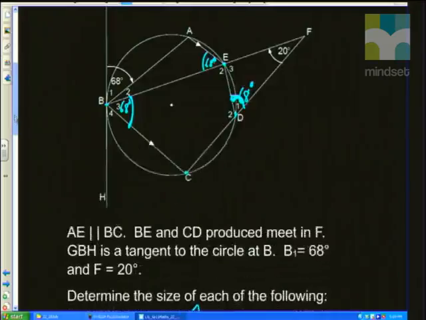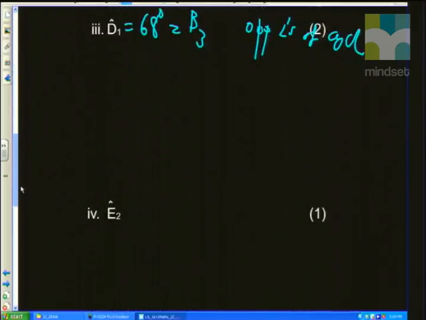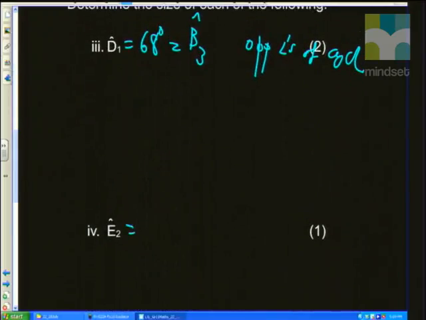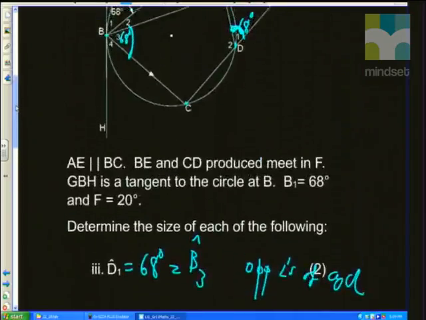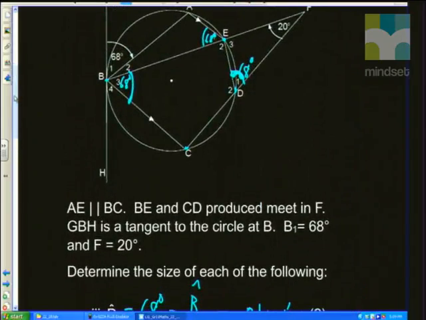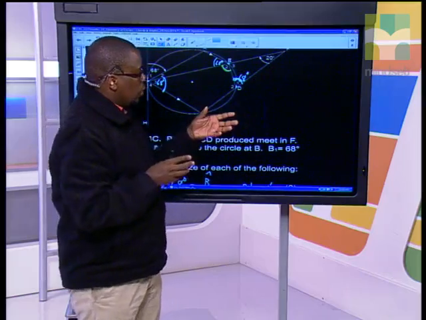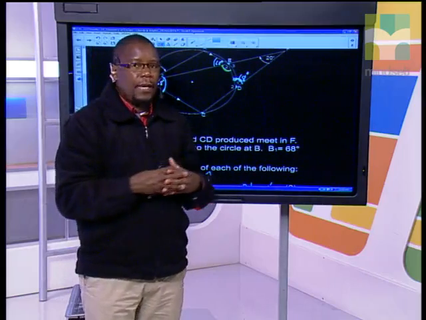Now we move on to the next one. We need to work out what E2 is. Okay, so E2, there is E2, right? Now, guys, please remember, you are in grade 11, but your Euclidean geometry from grade 8 and 9 still applies here.